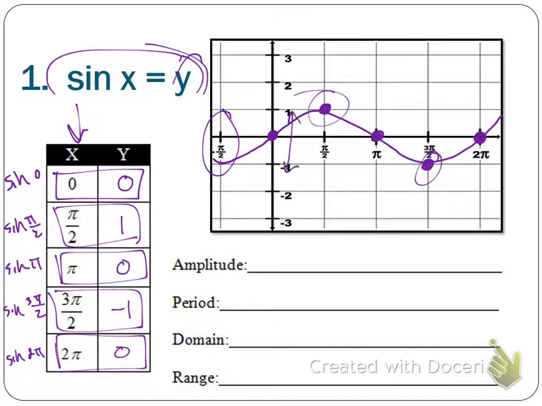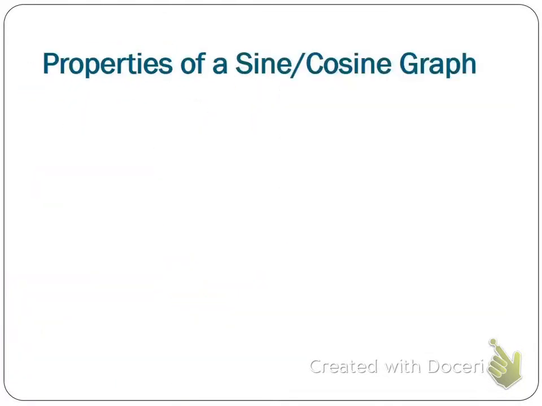Negative 1 to 1 is 2, and then take half of it and you get 1. But I think an easier way to look at it is it's this distance from the x-axis to the highest point, right? That's how high the curve goes. That distance is still going to get you 1, right? So the amplitude is going to be 1. And since it's a distance or a height, it's always going to be positive, okay?